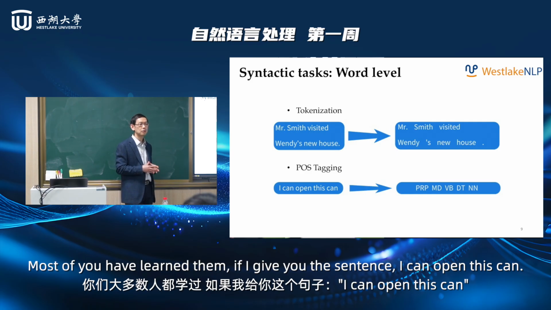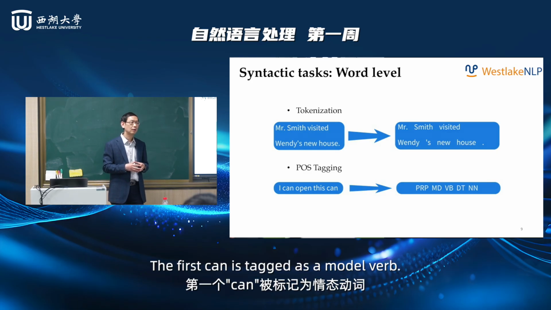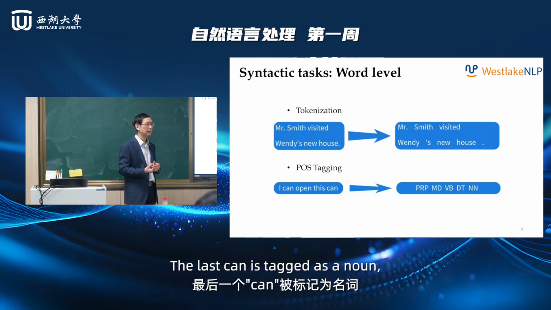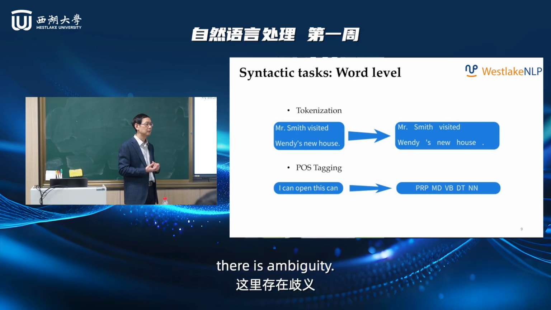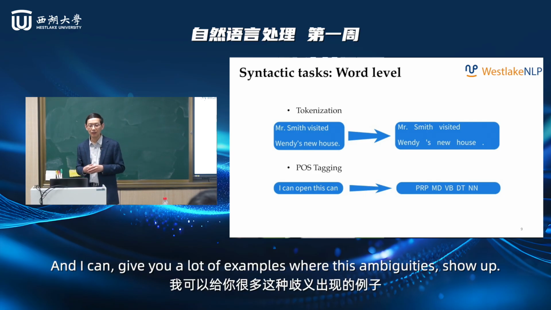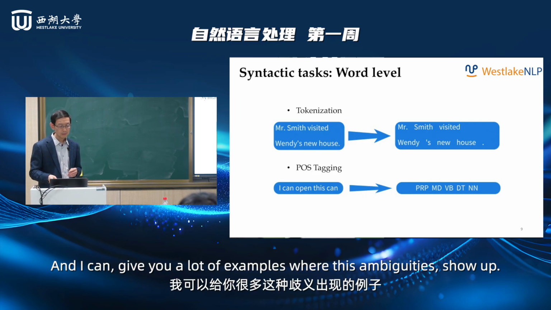So if I give you the sentence, I can open this can, okay? The first can is tagged as a modal verb. The last can is tagged as a noun, right? So there is ambiguity. And I can give you a lot of examples where these ambiguities show up.